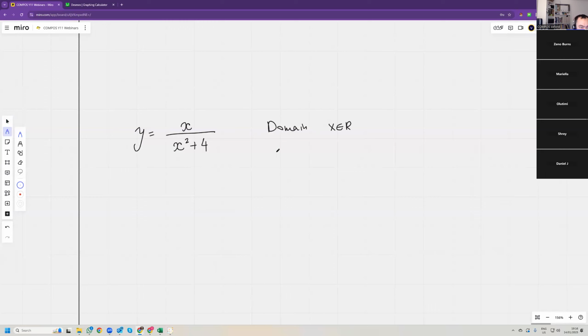So I also notice that the function is odd. Odd because if I substitute minus x, it just becomes the whole thing with a minus. Okay, because y of minus x is minus x over x squared plus 4, which is minus y of x.